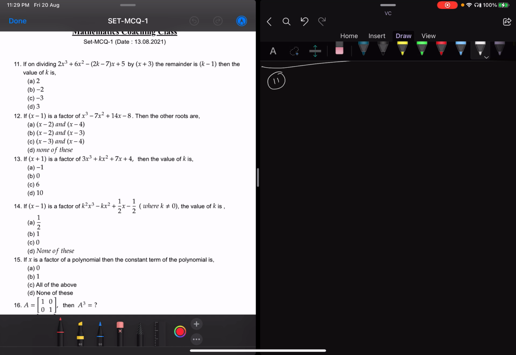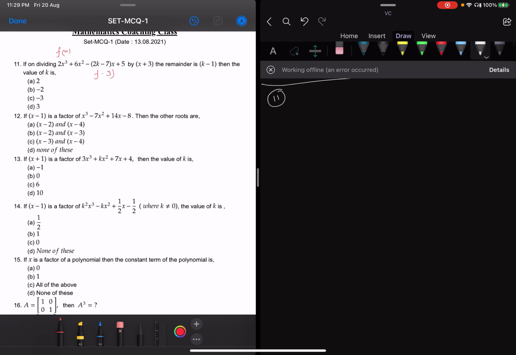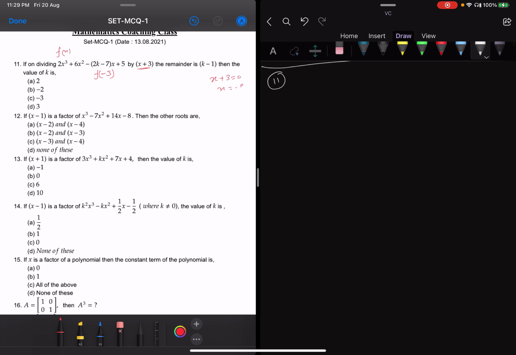Now we will just apply the remainder theorem. What the remainder theorem says is that if we divide this expression by x plus 3, and this expression is denoted by f(x), then the remainder will be f of minus 3, right? Why minus 3? Because if you consider x plus 3 equals 0, then x will be minus 3.